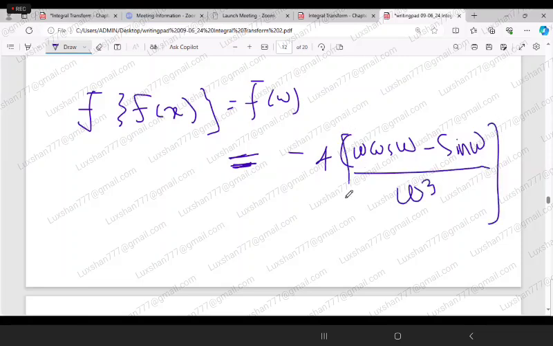So this is the answer. This is the Fourier transform of the function.